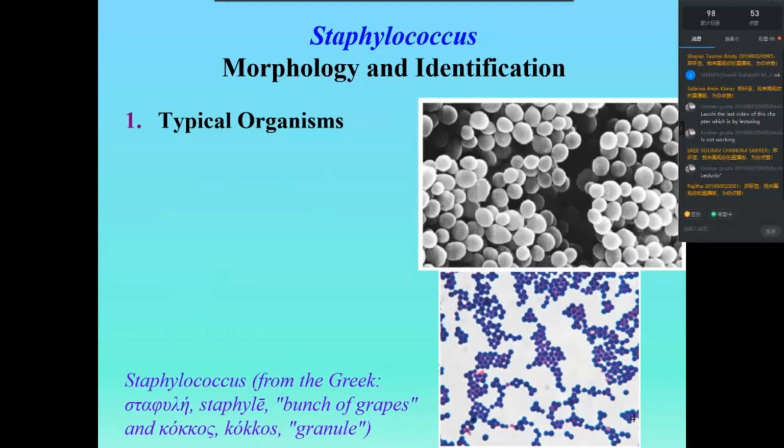Staphylococcus are either aerobic or microaerophilic, which means they prefer oxygen or a small amount of oxygen. You can grow them on blood agar.